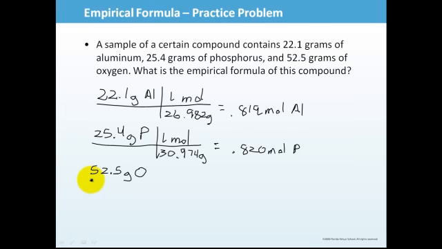And then for the oxygen, one mole of oxygen is 15.999 grams.